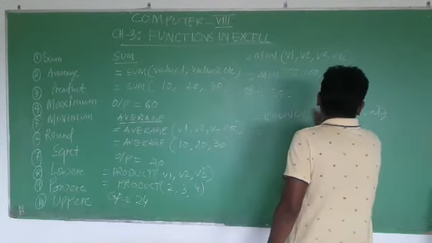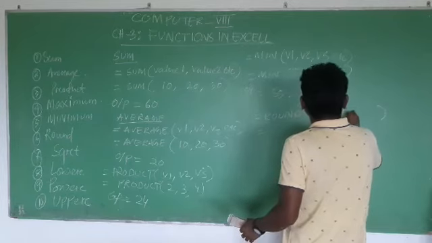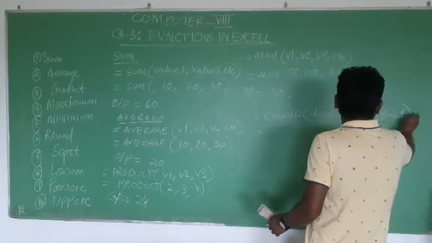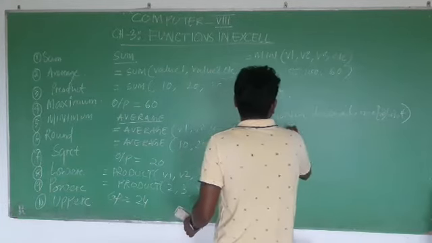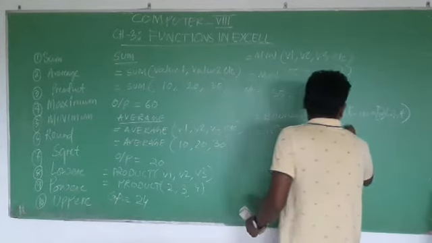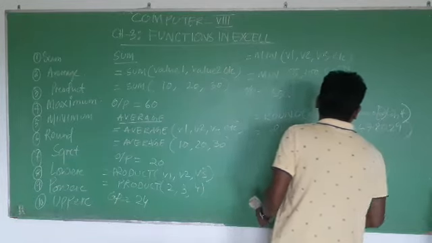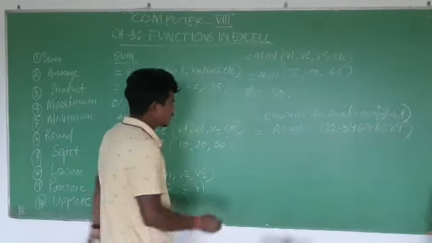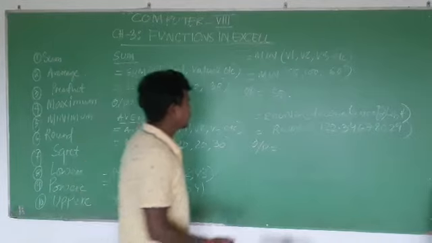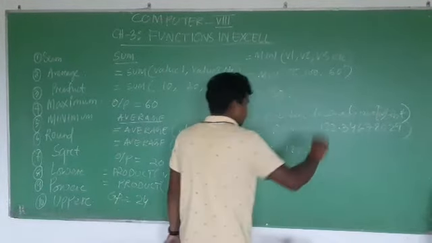Suppose round is given 122.3467 with 2 digits. This value will be rounded, and the output will be 122.35.